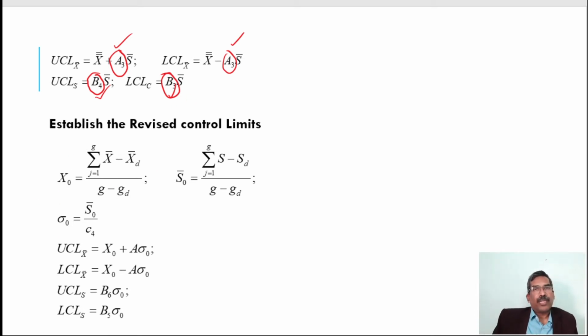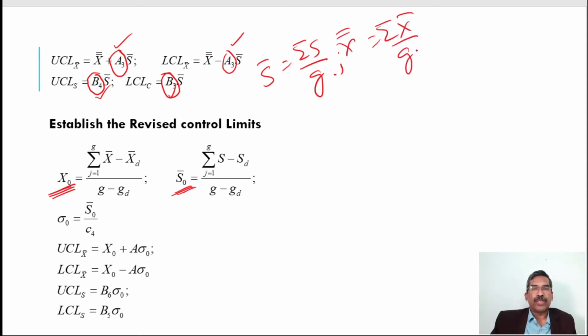And if there is any data out of control, then again we find the new value of x double bar and the new value of s bar. And here we can calculate the value of s for all the different subgroups, and we can find the value of s bar, that is summation of s divided by g. Similarly, x double bar, as usual, is summation of x bar divided by g. And after that, if we see that some subgroups are out of control, then we can produce the revised value, and this sigma 0 will now be s bar new by c4.